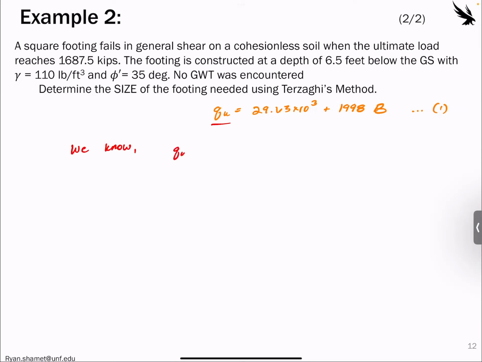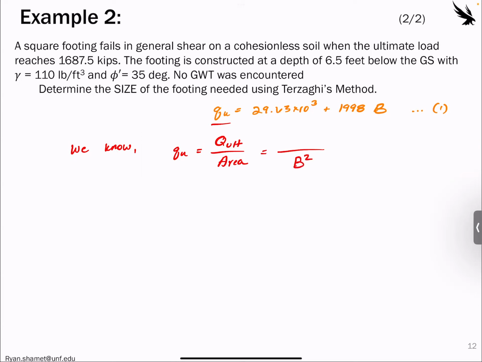that the ultimate bearing capacity is equal to the force divided by the area of our footing. Now, luckily, since it's a square, we know that the area of our footing is just equal to B squared.